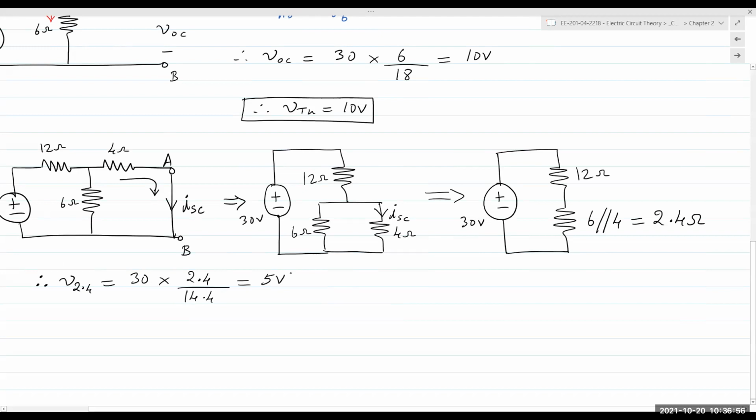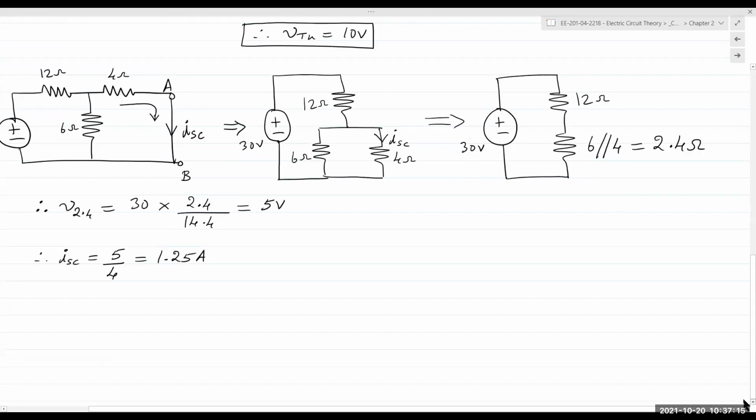So the voltage across that resistor is 5 volts. Then the current through there is 5 divided by 4 ohms, the 1.25 amps. And therefore, my Norton current is 1.25 amps.